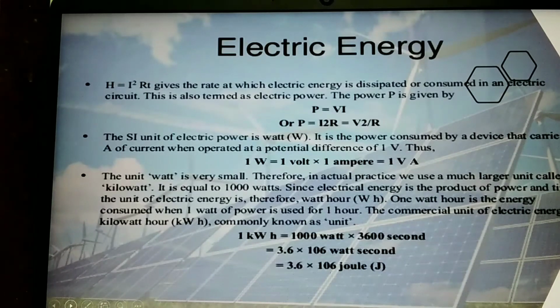The commercial unit of electrical energy is kilowatt-hour, commonly known as unit. 1 kilowatt-hour = 1000 watts × 3600 seconds = 3.6 × 10⁶ watt-seconds, or 3.6 × 10⁶ joules.